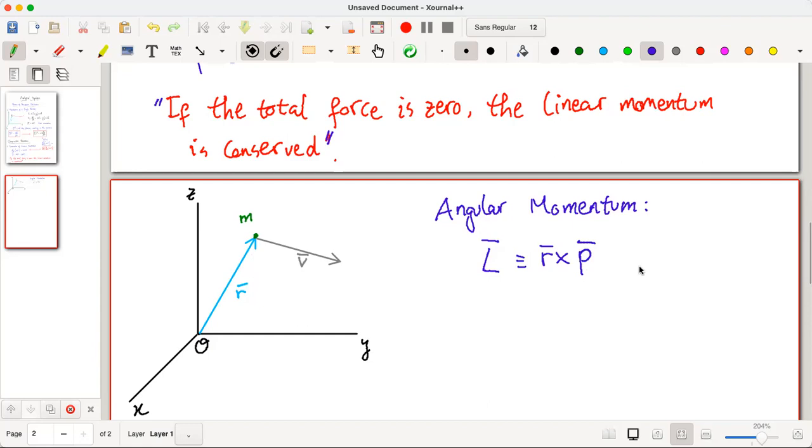So it is the cross product of position and linear momentum. So this is the definition of angular momentum.